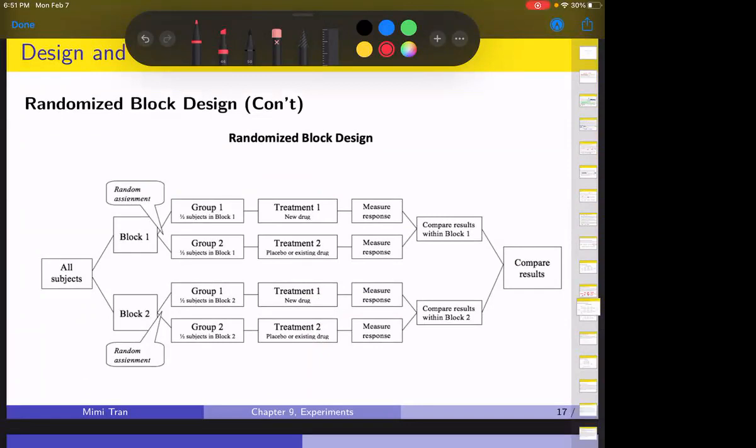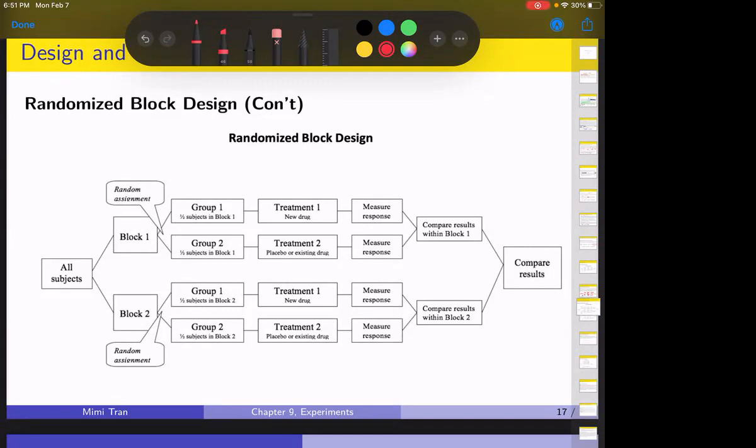It's slightly more complicated than the completely randomized design. Again, we have all subjects, and prior to the random assignment, we split them into two halves. Why? Maybe because within one group all the individuals are similar to each other, and in the other group too, but they are different if you compare between the blocks.